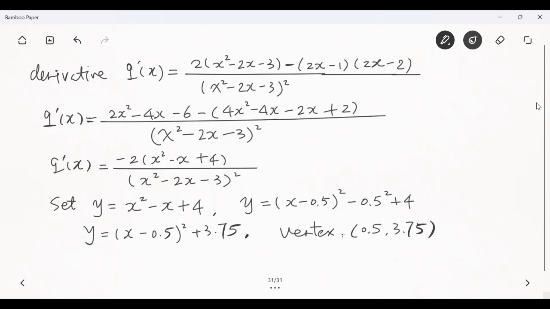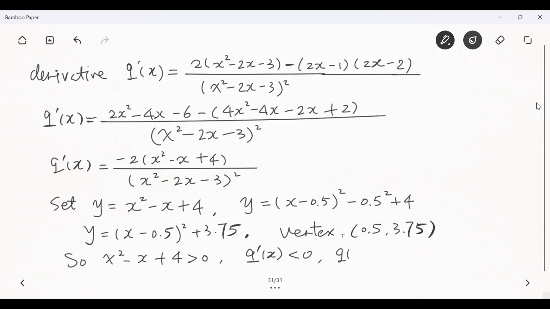And then we know the vertex is in the first quadrant, right? So that means x squared minus x plus 4 is always more than 0, right? And considering the derivative of Q(x), the numerator is negative. So that means the derivative of Q(x) is less than 0.